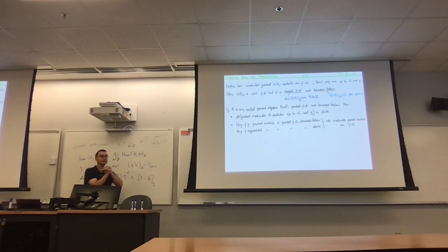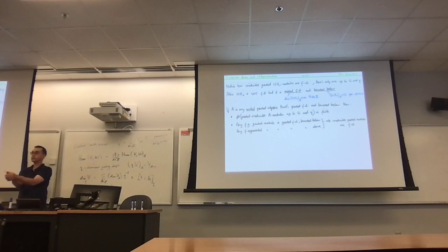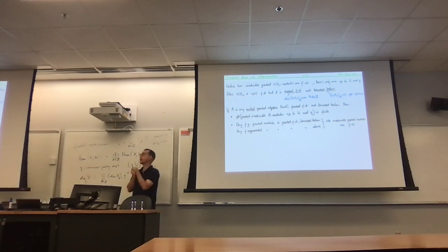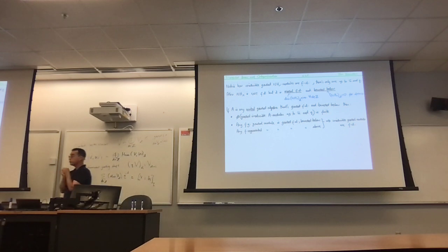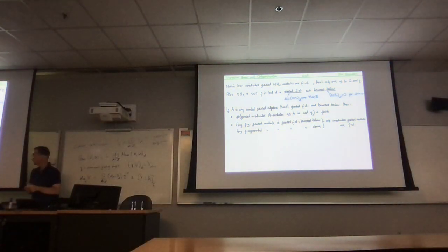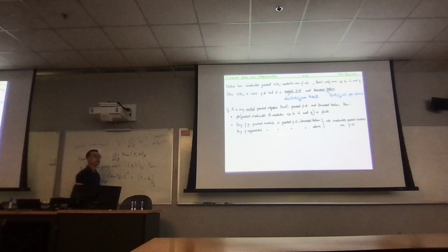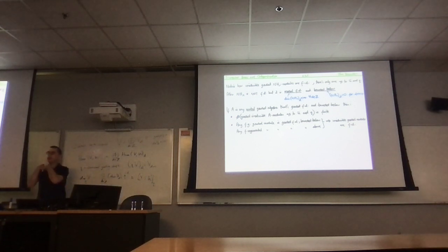Any finitely generated graded module is itself graded finite dimensional and bounded below. Because, well, the regular module itself is. Any finitely co-generated graded module, it kind of looks like the dual of a finitely generated one, is also graded finite dimensional, but now bounded above instead of bounded below.